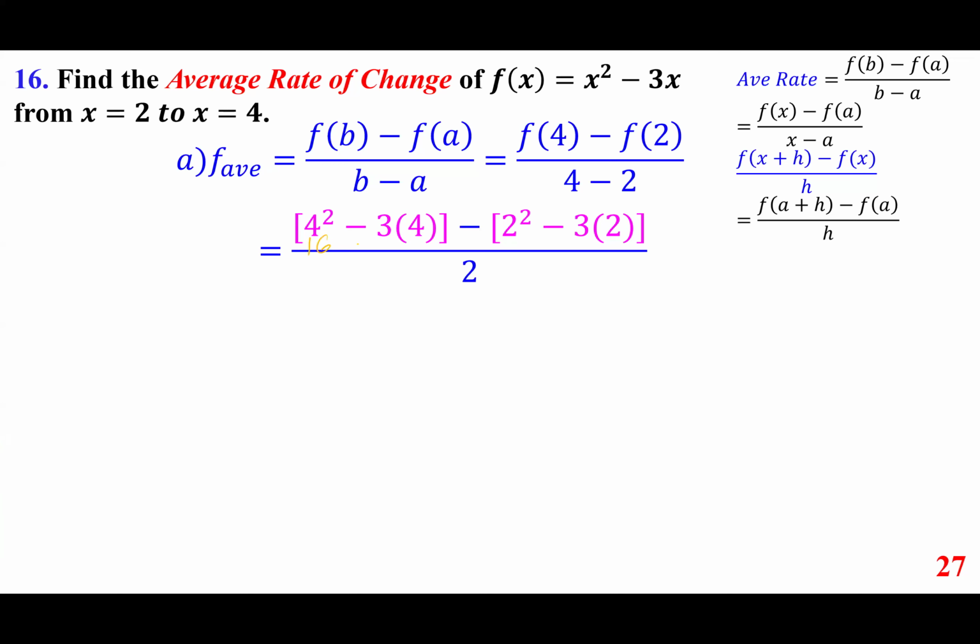This is 16. This is minus 12 is 4. This is 4 minus 6 equals negative 2. With this one, we get positive 2, and we get 6 in the numerator. 6 halves or 3.